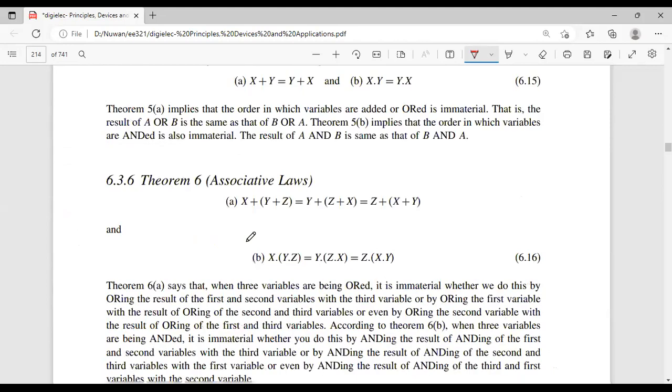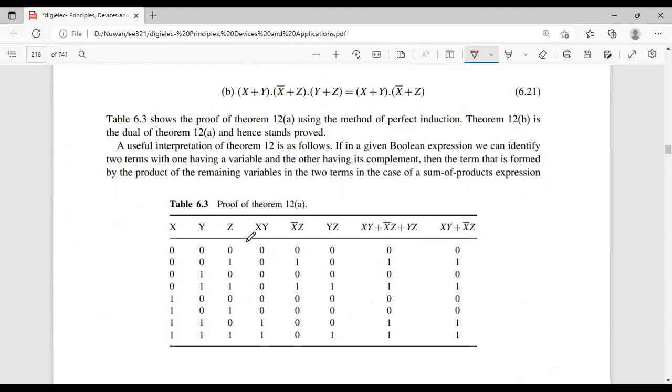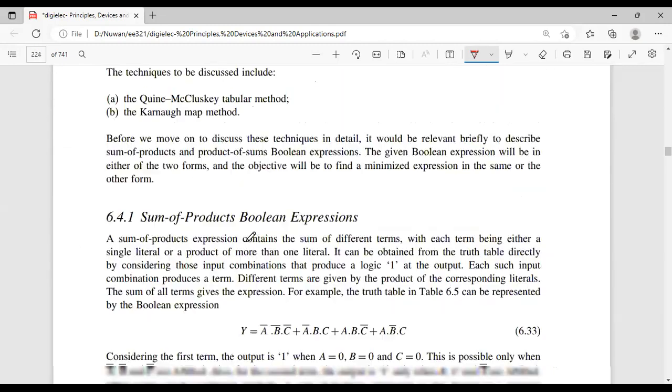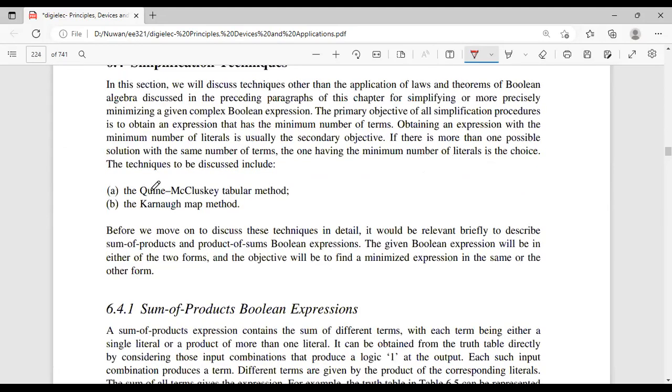You have to use the QMC method, the Quine-McCluskey tabular method, only this one.